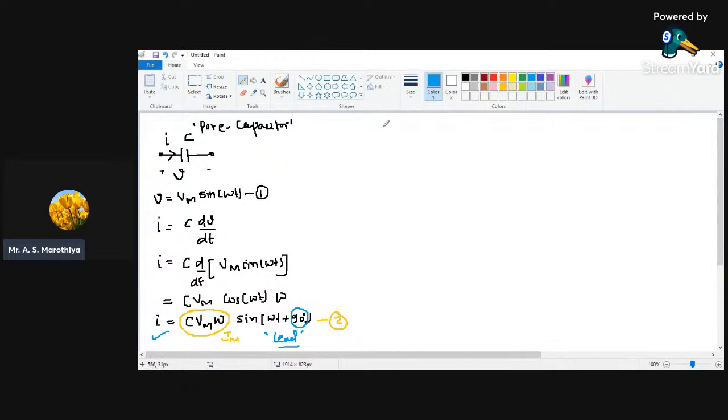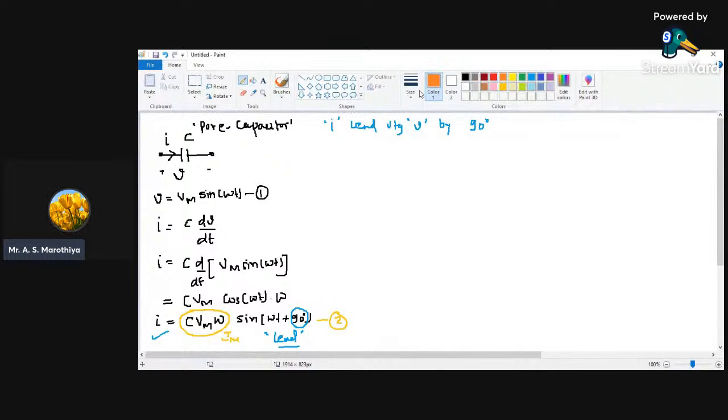This is very important. In a pure capacitor, current I leads voltage V by an angle of 90 degrees.